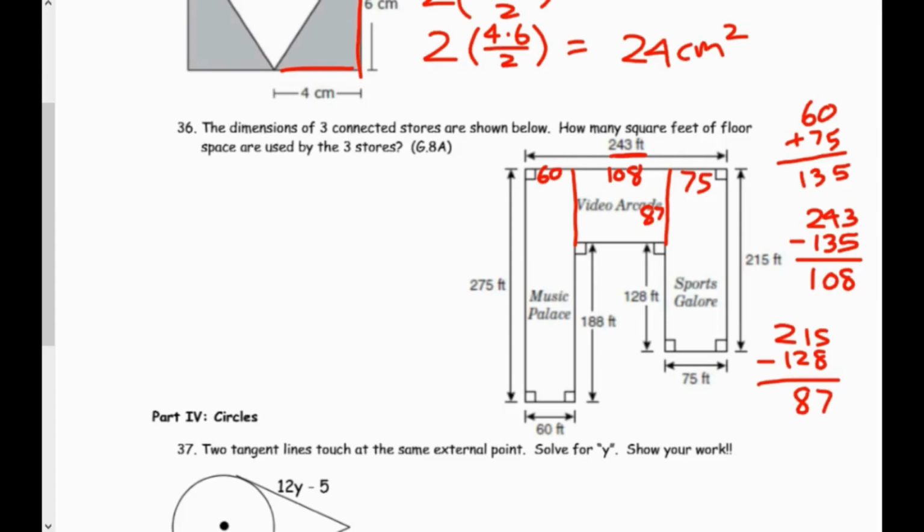Alright, so let's add up all 3 rectangles, and we're finding there what? How many square feet of space, which means area. So the first one, 275 times 60 plus 108 times 87 plus 75 times 215.